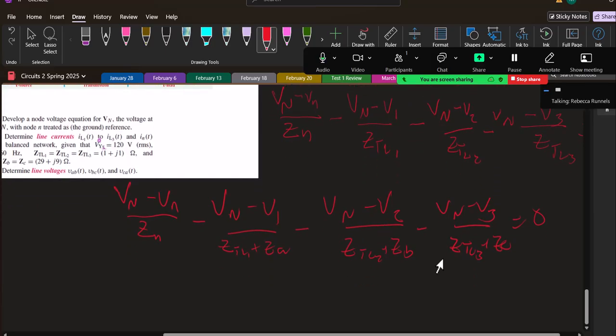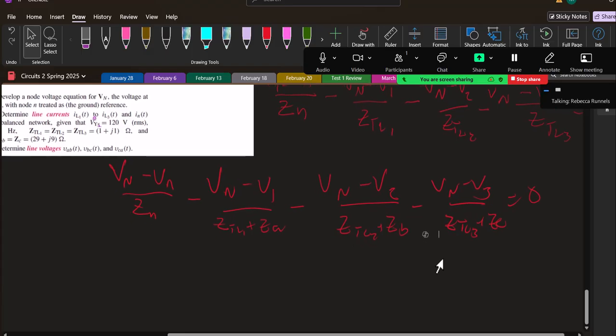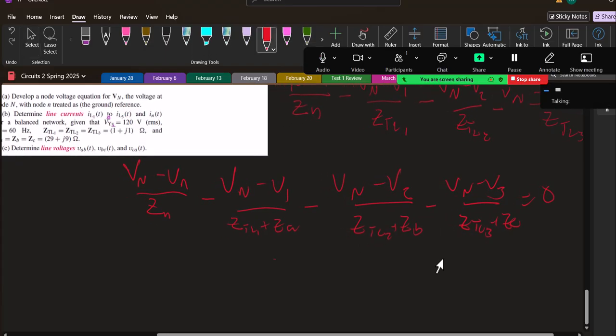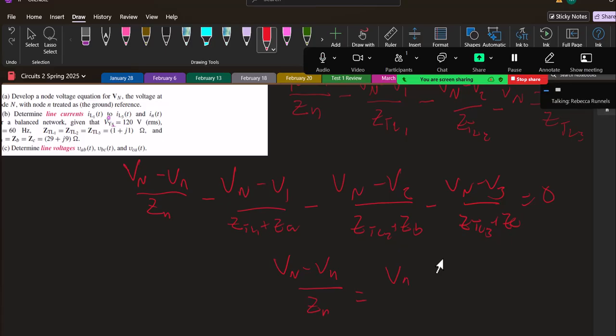So if I took all those minuses to the other side, then I would have VN minus Vn over Zn equals, now I would have VN, so they all have the same denominator, which would be Z transmission line plus Z, I'll just call it ZL for Z load.